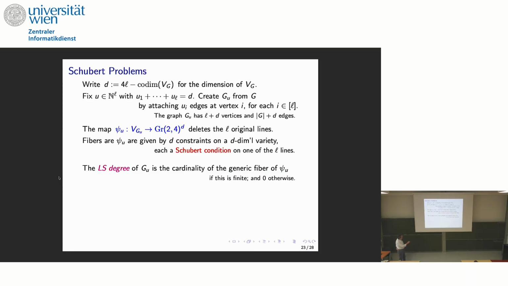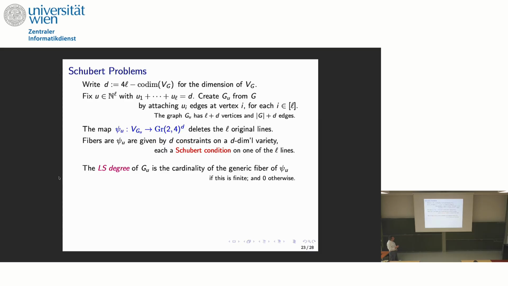Now then I have a map, psi u. Recently, Matteo calls this the Landau map. The Landau map, psi u, takes the variety of GU, the variety with those additional edges, down to the boundary measurement. So I'm going to the Grassmannian on D, where D are the external edges that I added, and that deletes the L original lines.